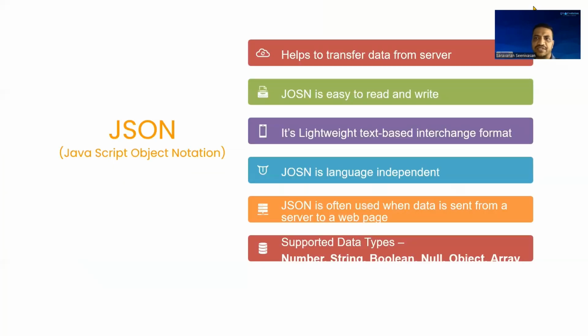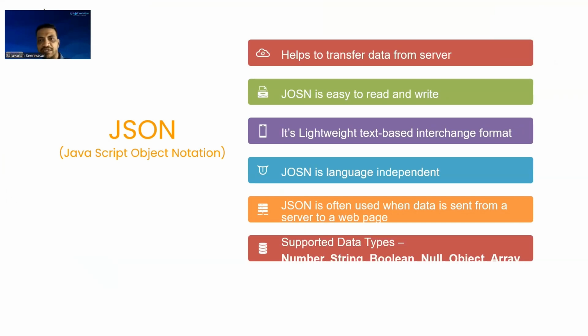So JSON is the data format used in our REST APIs. JSON is JavaScript Object Notation, which helps you get the data from the server. JSON is easy to read and write, lightweight, and language independent, and it is often used when data is sent from the server to a web page.